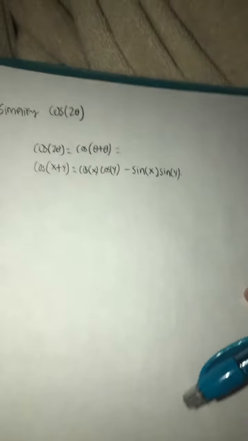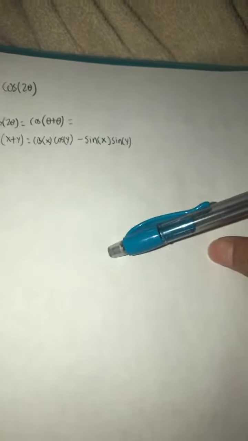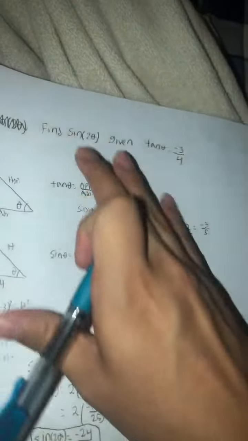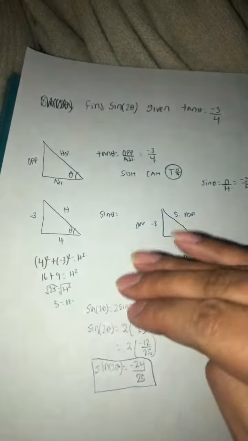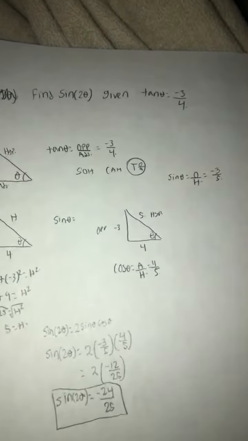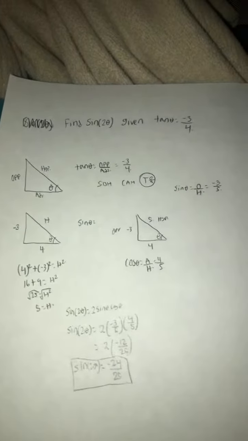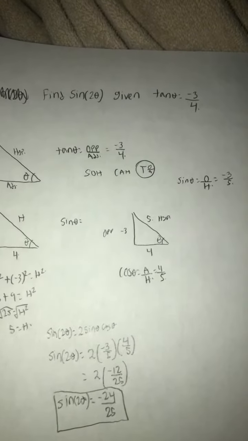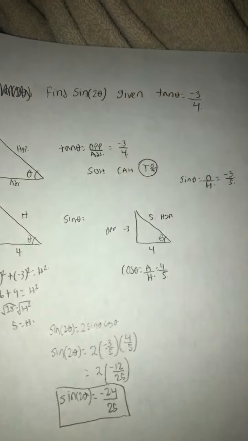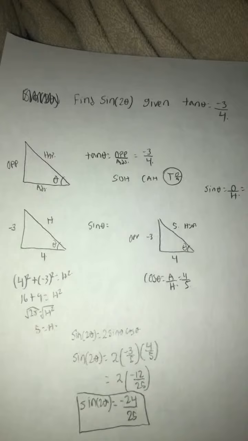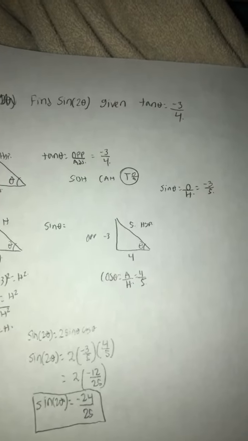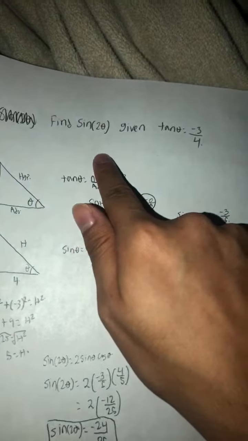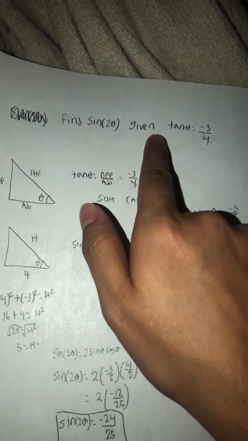So we know that for sine of 2 theta, I did post a short video on how to do this problem, but I think it's better to explain it in more detail right now, since I feel like I can explain it better. So this is the problem. It says find sine of 2 theta given tan theta equals negative 3/4.